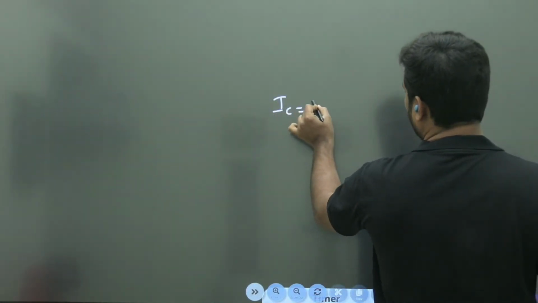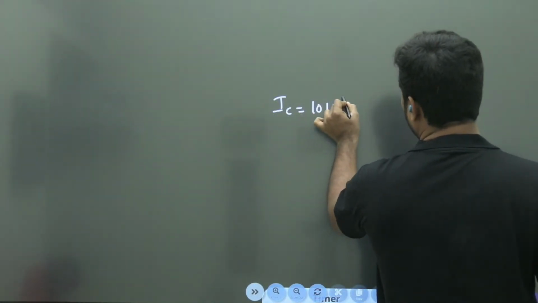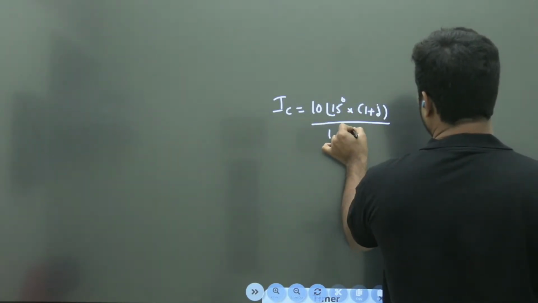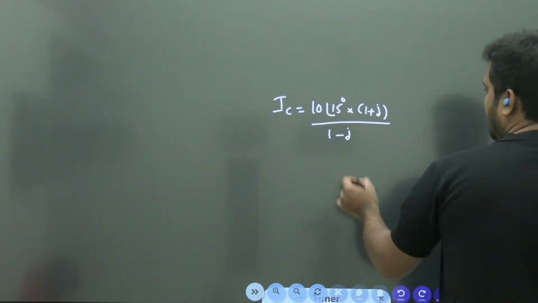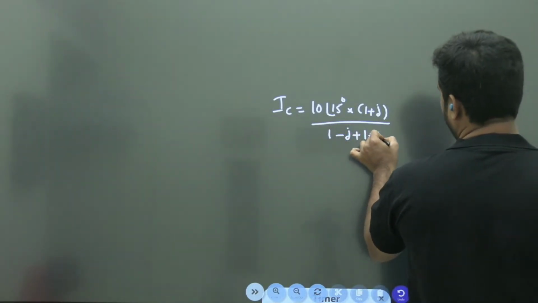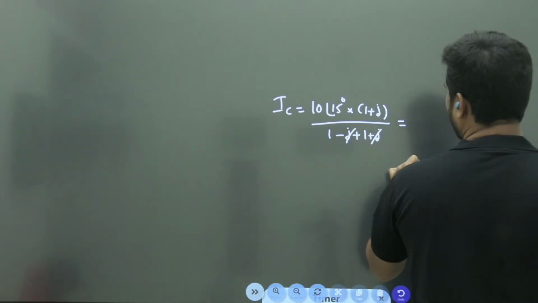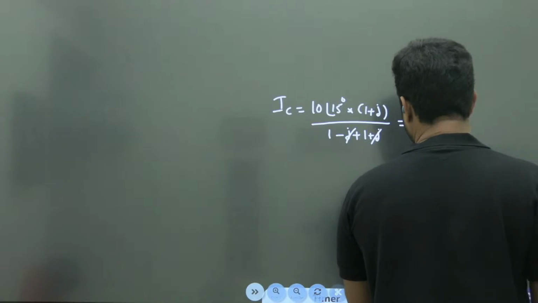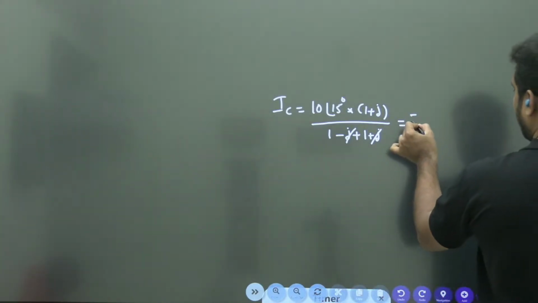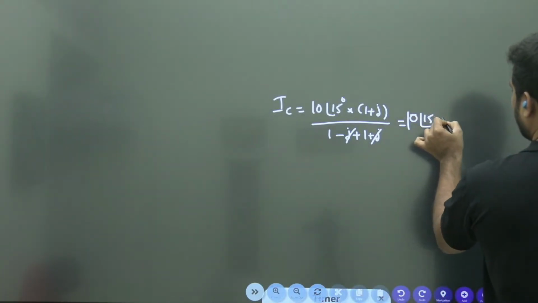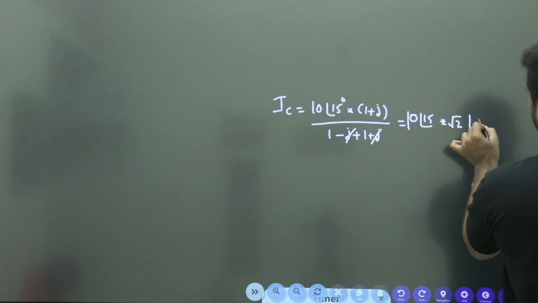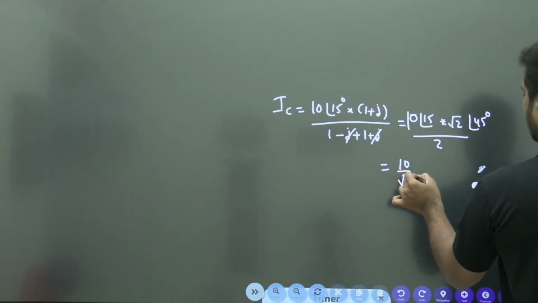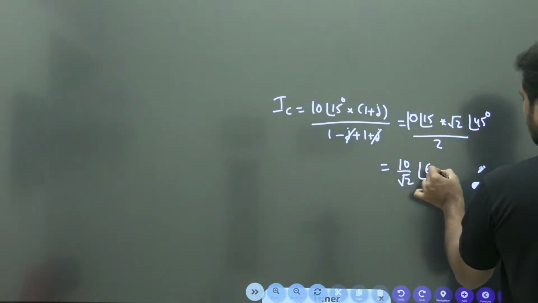IC equal to total current into opposite impedance by total impedance, ठीक है. 10 angle 15 degrees into root 2 angle 45 degrees by 2. So 10 by root 2 angle 60 degrees.